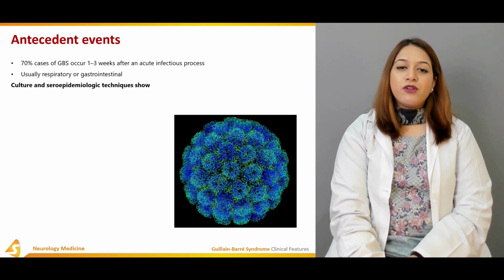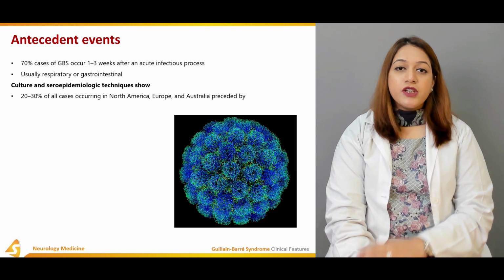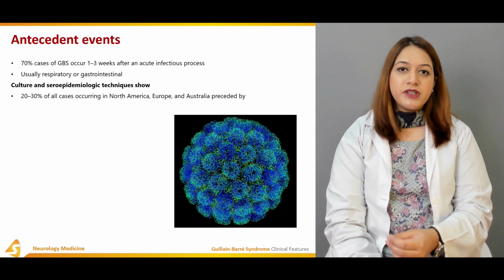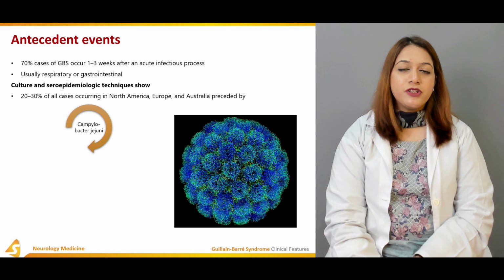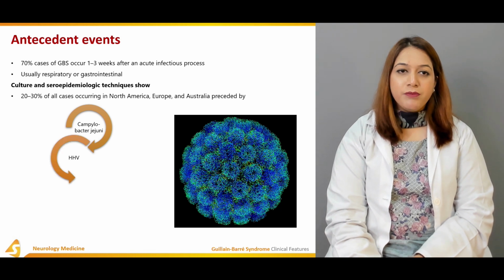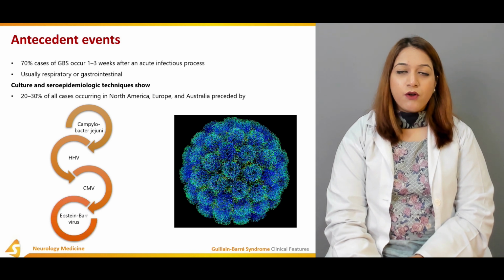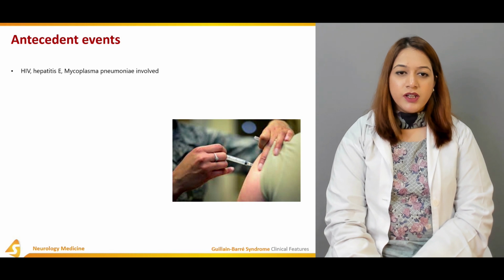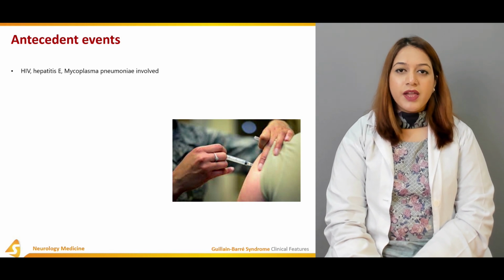Culture and seroepidemiologic techniques show that 20 to 30% of all the cases occurring in North America, Europe, and Australia are usually preceded by a Campylobacter jejuni infection, human herpes virus infection, cytomegalovirus infection, or Epstein-Barr virus infection. There are certain other viruses or bacteria which can cause an antecedent event. They include HIV, hepatitis E, Mycoplasma pneumoniae.